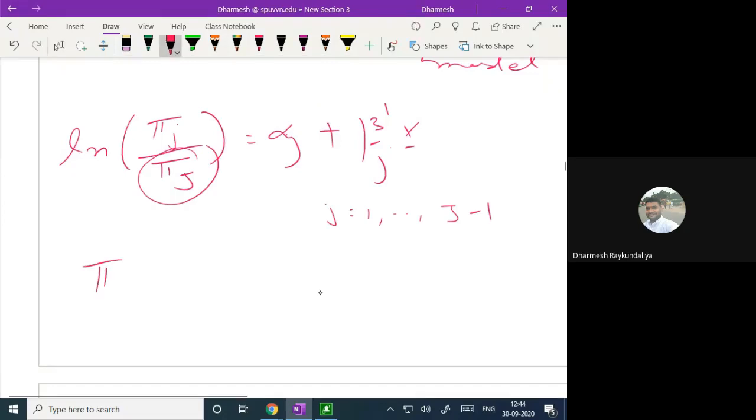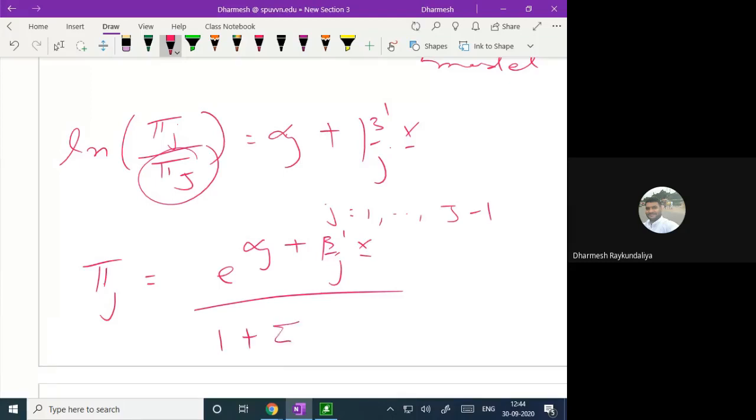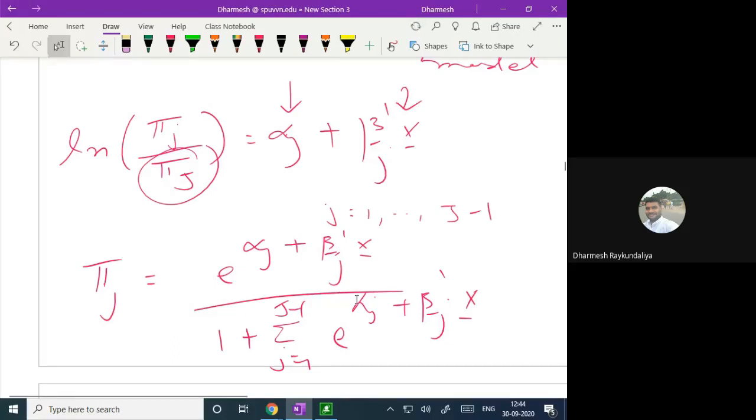So if I am interested to find pi_j, pi_j is nothing but e power (alpha_j plus beta_j' x) upon 1 plus the summation, j equal to 1 to J minus 1, of e power (alpha_j plus beta_j' x). Here in a multinomial logistic regression, you have J minus 1 intercepts, and you also have J minus 1 different sets of regression coefficients.